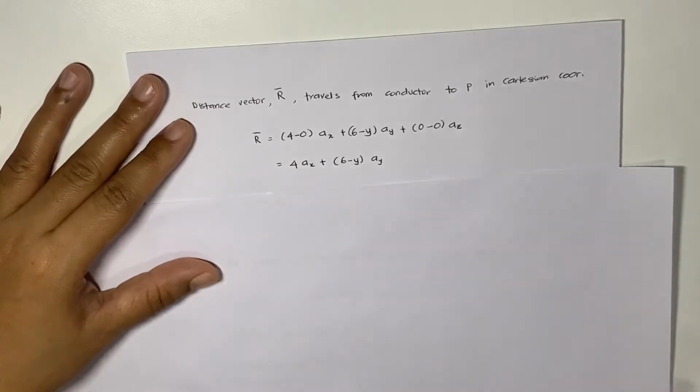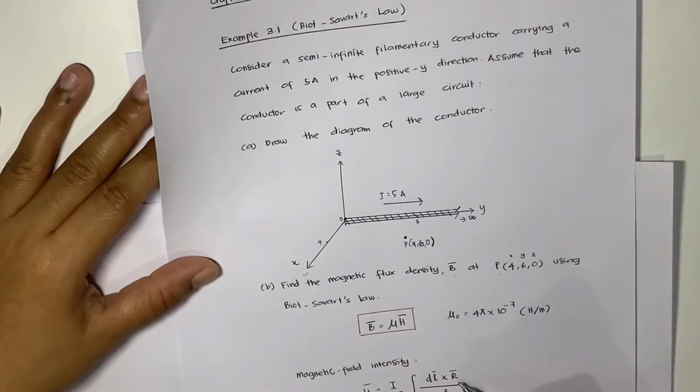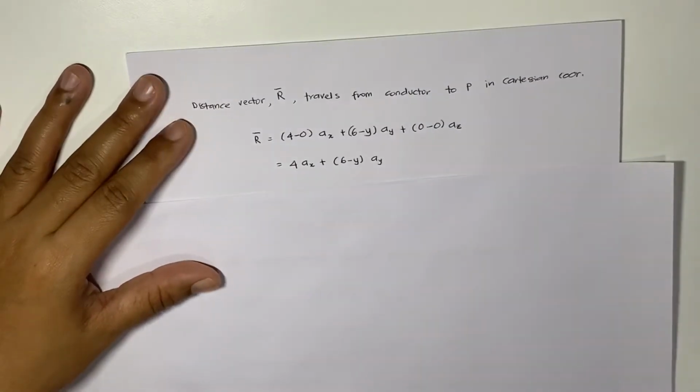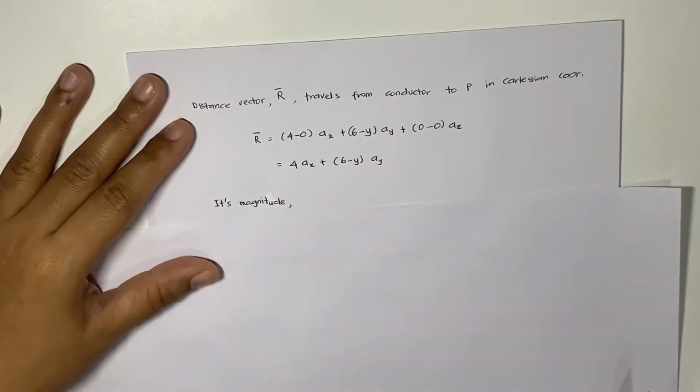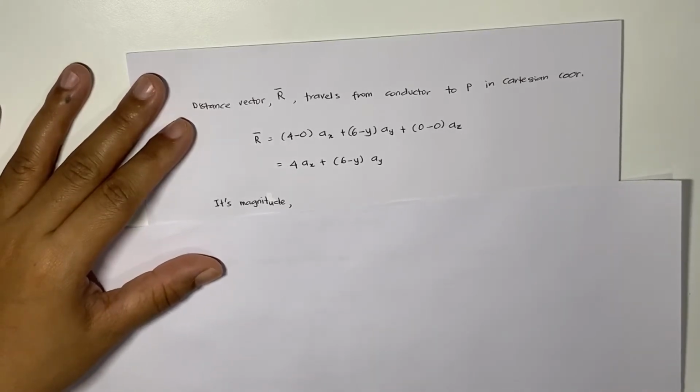So now we already have R here. This is vector R, and this is the magnitude of R. How to find the magnitude of R? You can refer to chapter 1 in the given appendix.